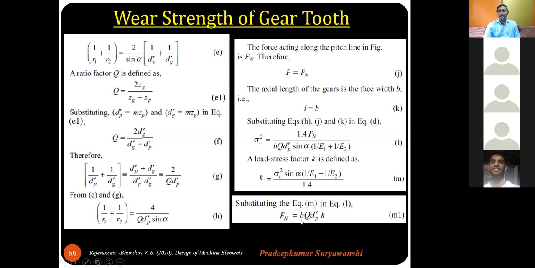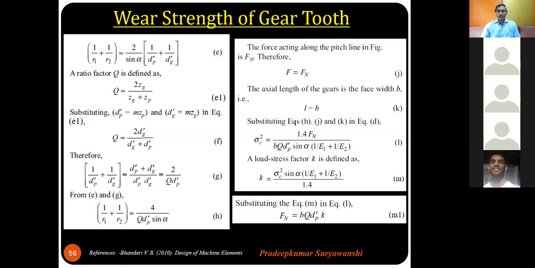Other factors like b, q, and dP are related to the geometry of the gear, so for a given pair of teeth in contact we can consider them constant. So we can say Fn is proportional to sigma c square, because K has sigma c square in it, and the other parameters, sin alpha, E1, E2, are also constant for a given pair of teeth in contact. Fine. Any doubt till now? Any difficulty?